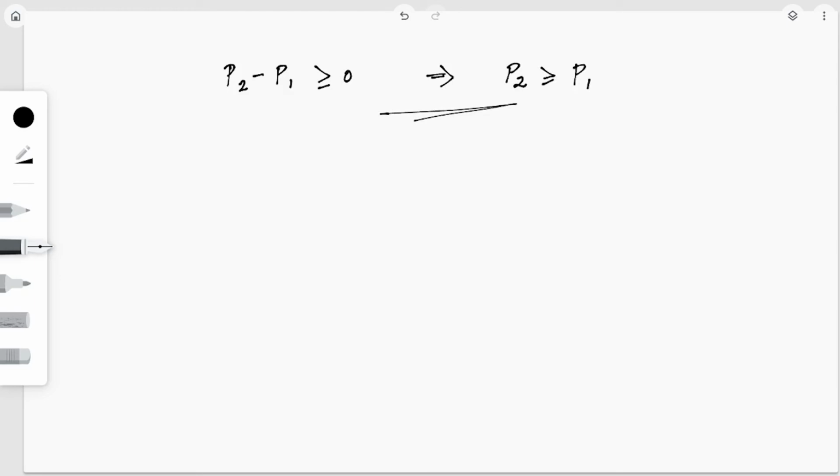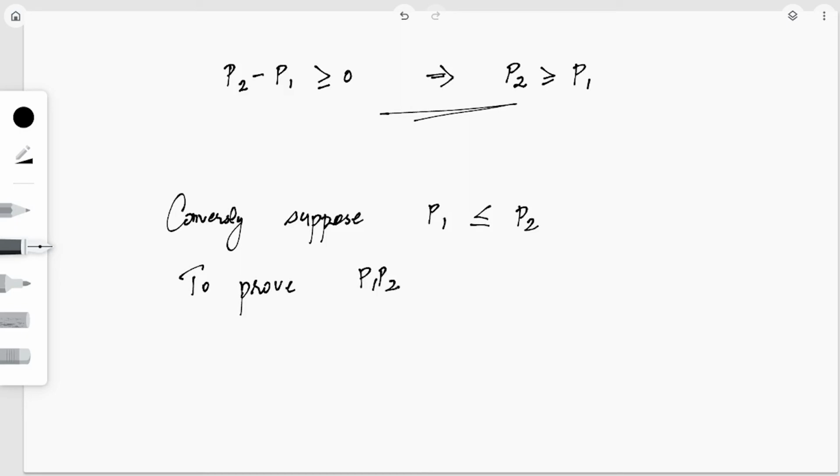Okay, now we shall see the converse part. Conversely, suppose P1 is less than or equal to P2. What we need to prove is P1 P2 equal to P1.